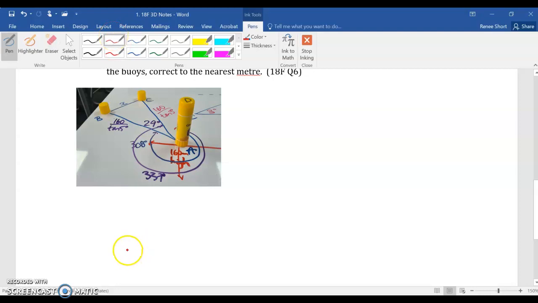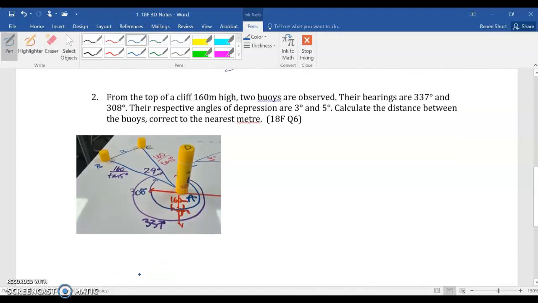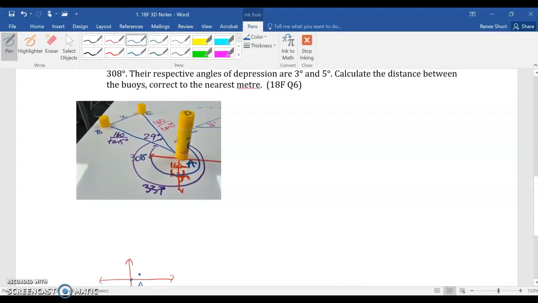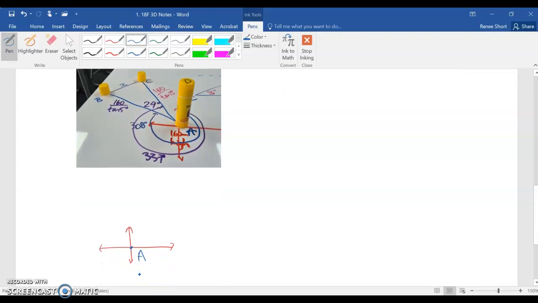So I might actually redraw their bearings just as a top-down layout for us here. So I'm going to label the center of this compass as A, being the base of my cliff. Now it tells us that one bearing is 337 degrees and one is 308. So my 308 one, that will be out here, and we'll call that 308 degrees.